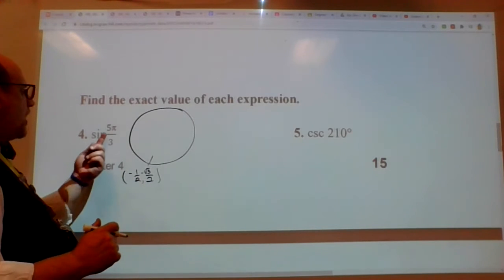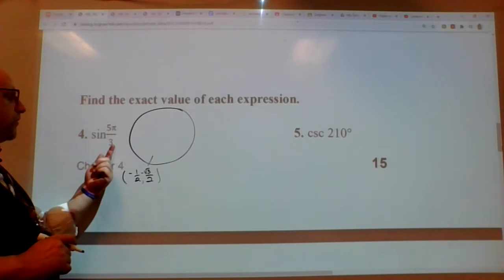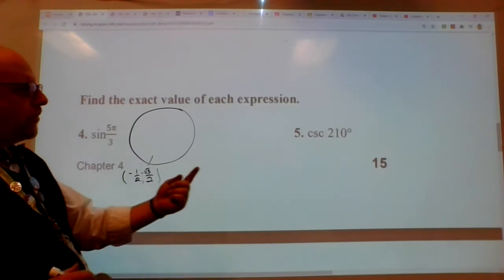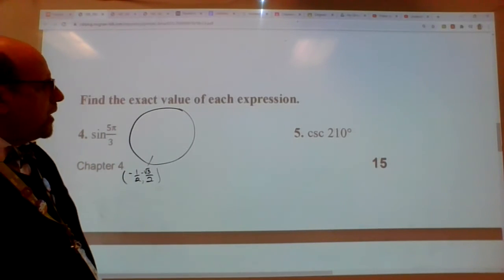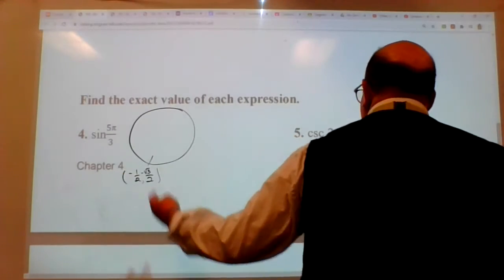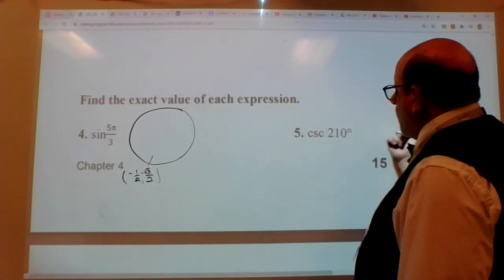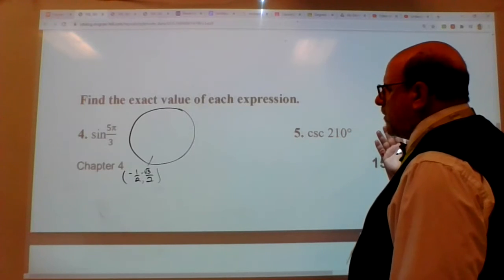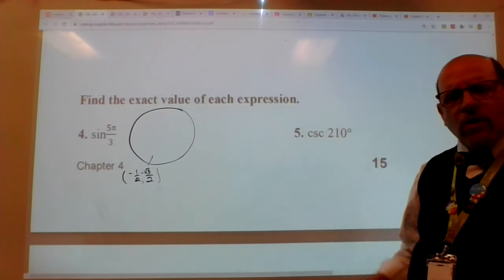Or you could just hit sine 5 pi over 3. Make sure you're in radian mode if you're going to use radians, and degree mode if you're going to use degrees. So you can use your calculator for it. I don't mind. It's pretty simple, though. Right? But, again, why do we want to find the square root of 2? Or 1 over the square root of 2.